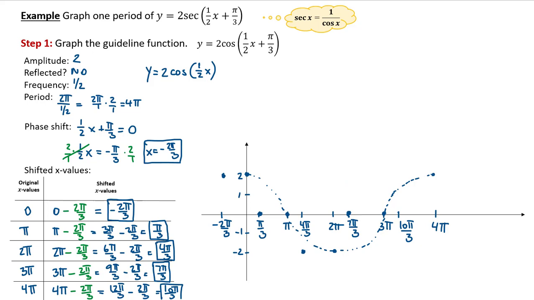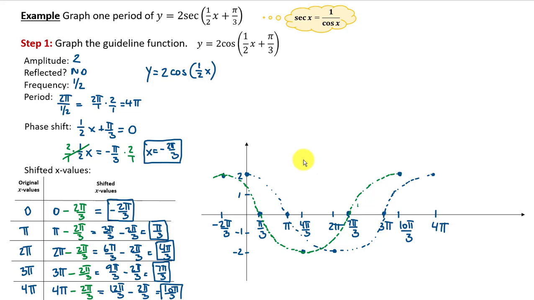And finally, the maximum point will be at 10 pi over 3. Now I'm going to reconnect the points. Okay, so what you see in green is the graph of the guideline function y equals 2 cosine of 1 over 2x plus pi over 3, and we used horizontal translation to obtain it. And guess what? The hardest and most time-consuming part is done.